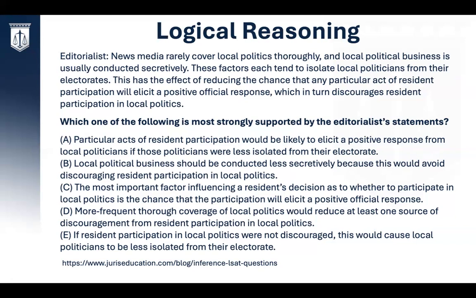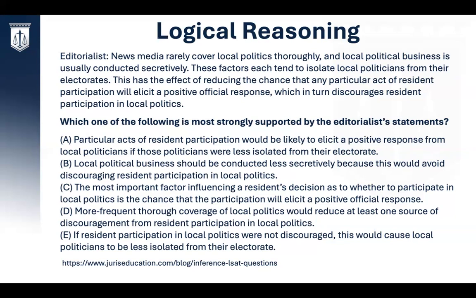And because they don't participate, it reduces the chance of any particular act of a resident eliciting a positive response, right? And that discourages participation in politics. You see, this is getting very tongue twisty. You're going to be so stressed out.